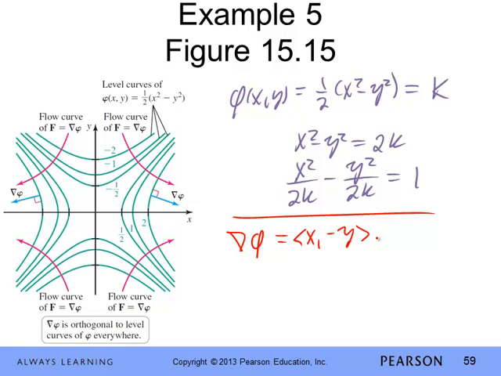And so this is going to be what tells you that it's going to be in this direction, for example, if you're in the first quadrant, the direction of your equipotential curves. And if you're in the second quadrant, then the x coordinate is going to be negative, the y coordinate is going to be positive. So the direction is going to be in that direction for your equipotential curve.